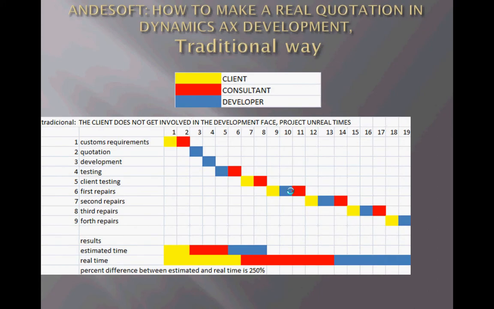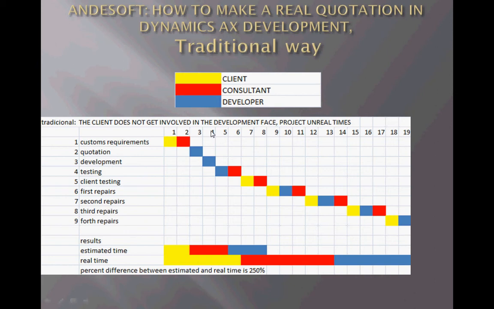The traditional way. In the traditional way, we first get the connection between the client and the consultant. After that, the consultant gives the developer the job of doing the quotation. He makes the quotation and does the development.